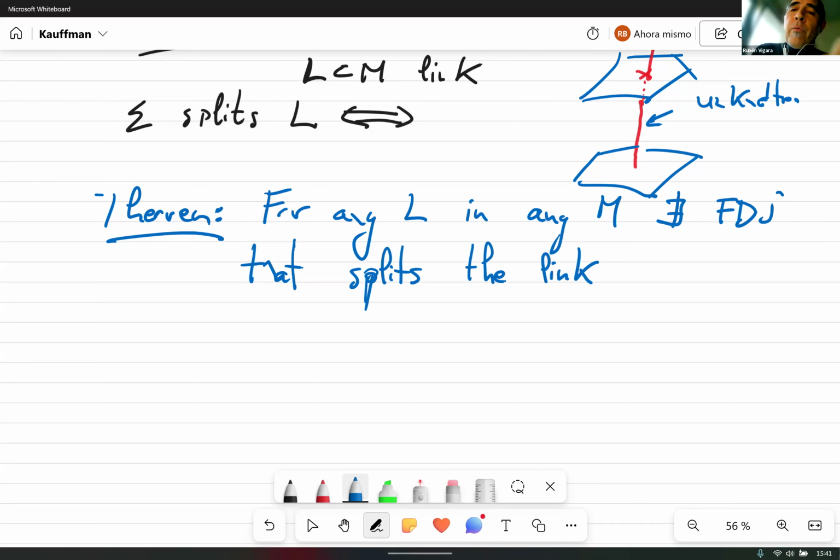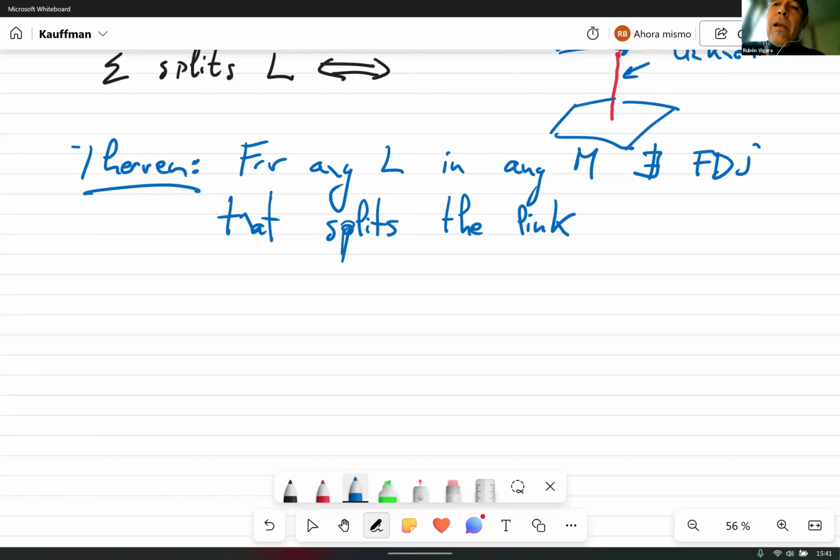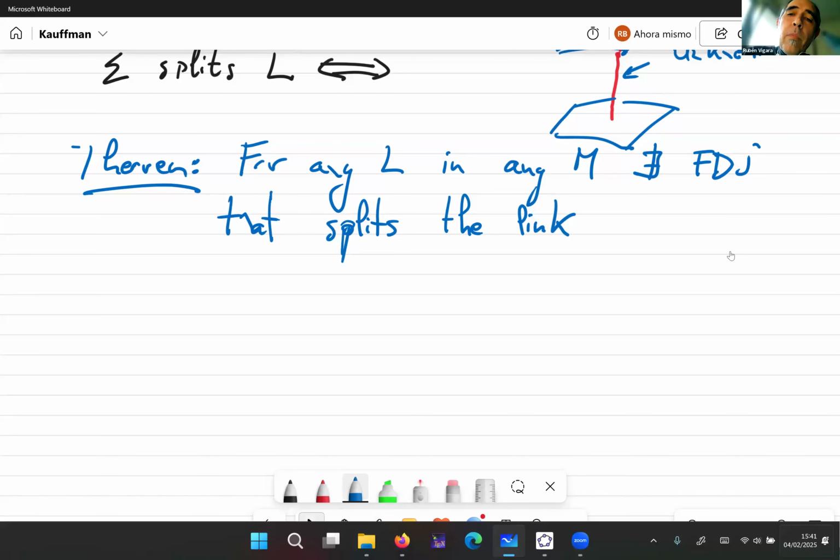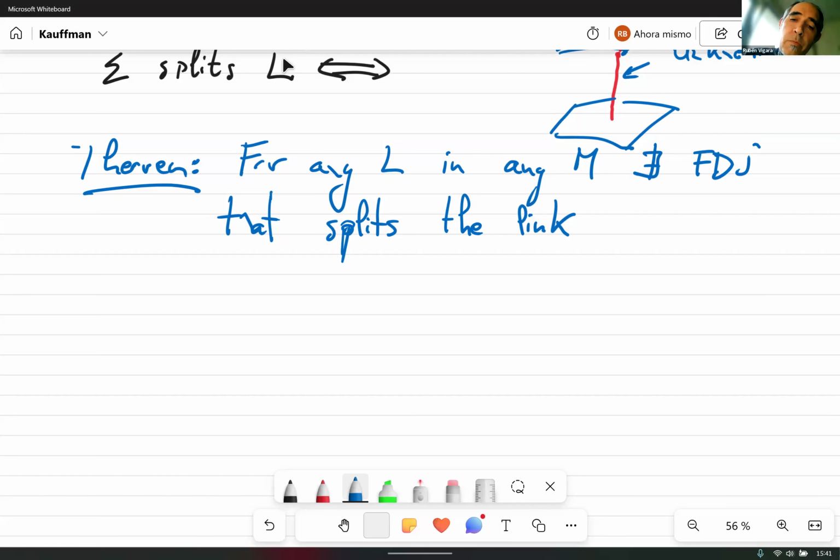So we can recover the three-manifold and the link from the Johansson diagram of this splitting.